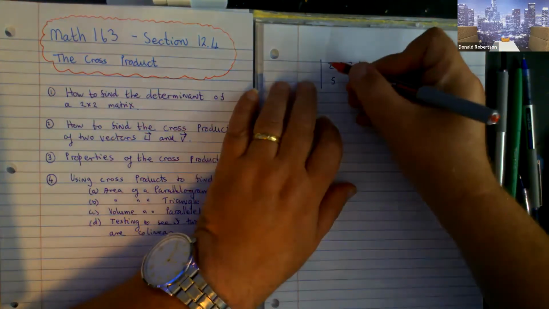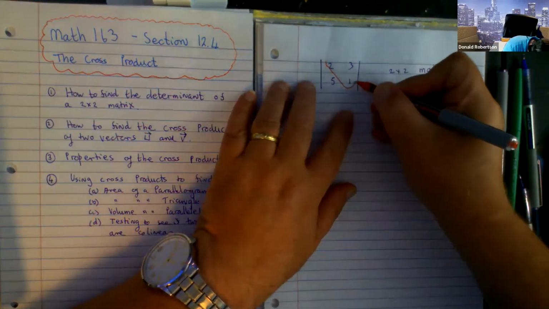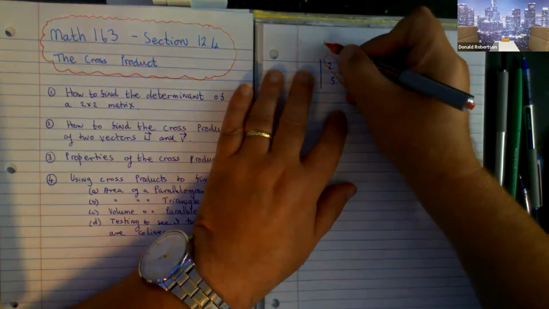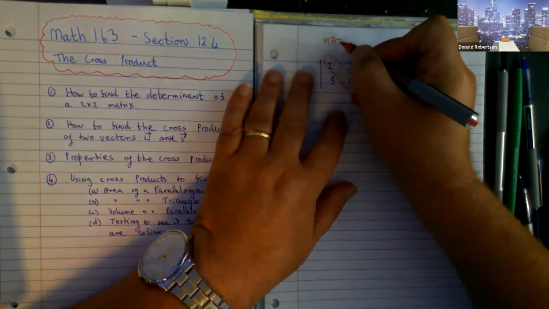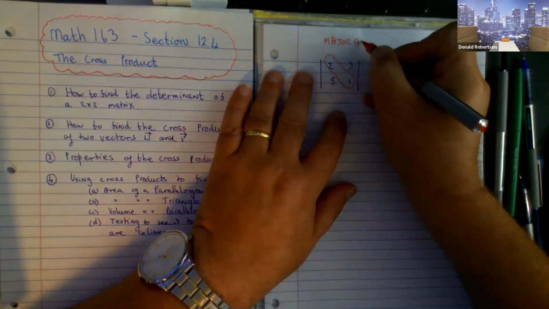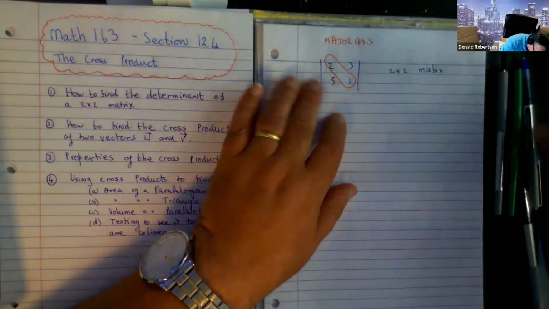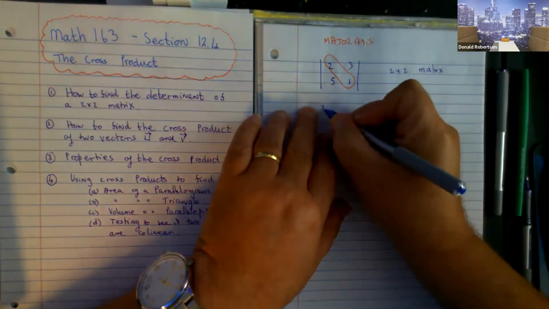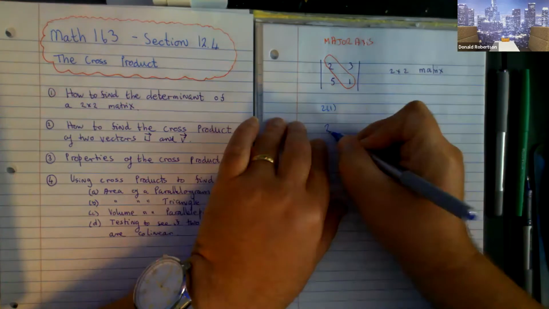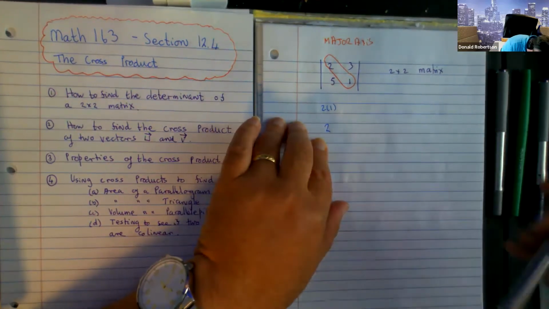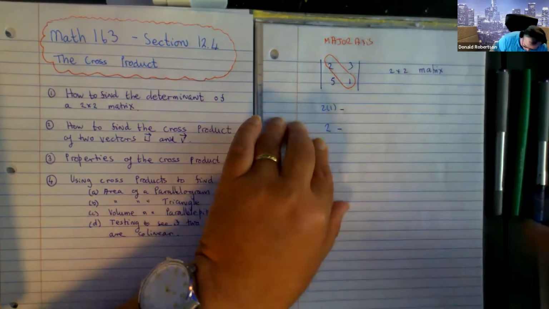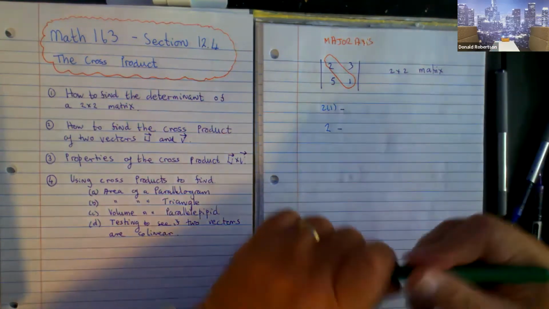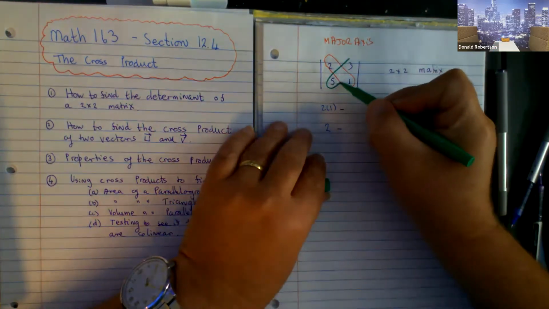To do that, you multiply these two together, and they're called the major axis. If you multiply these two together, that's 2 times 1, you get 2. And then you subtract the minor axis, and the minor axis are these two.